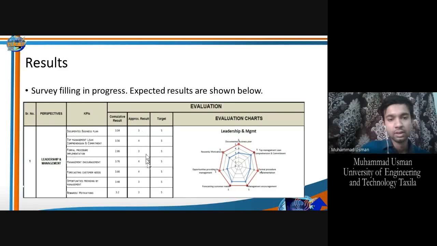This is the spider bar chart, and it shows that leadership is lagging behind in implementing lean.